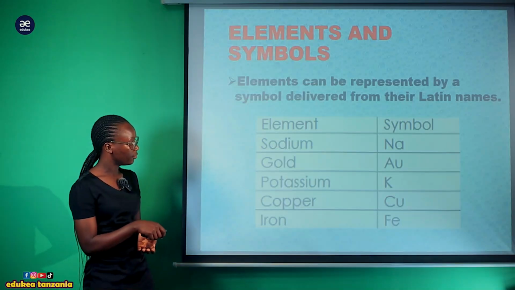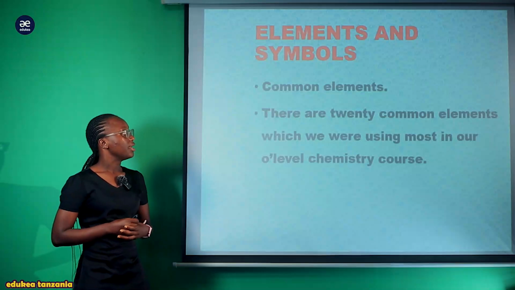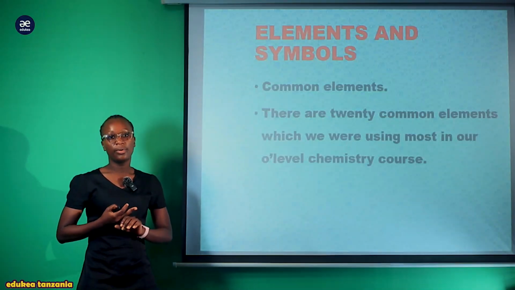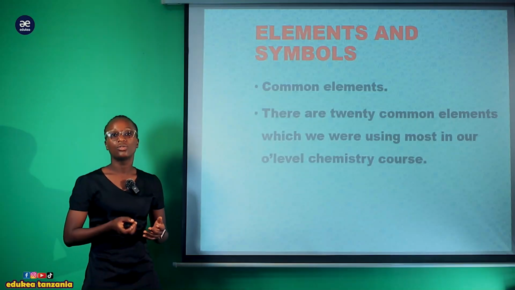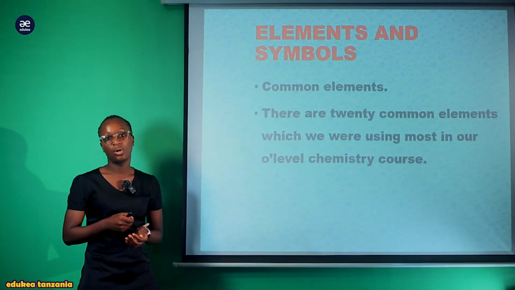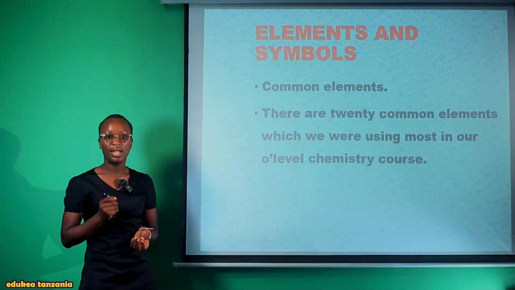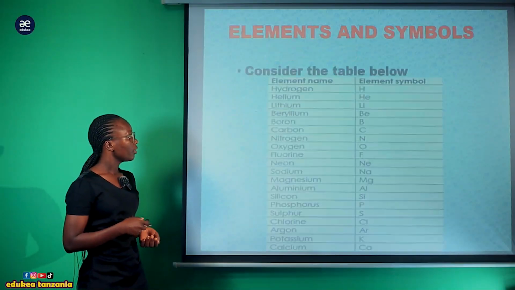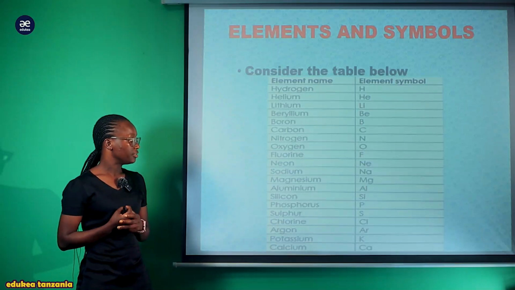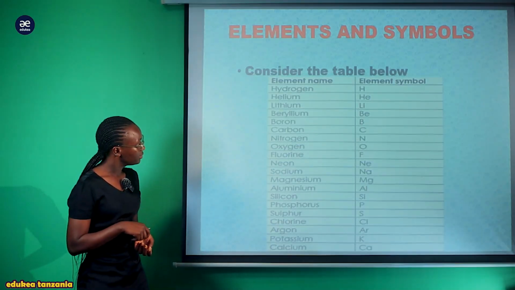Now, let us see the common elements. You, as a Form 1 student, have to master the 20 common elements at your level. And now, the elements are as follows. These are the 20 elements which you are required to master for your understanding.